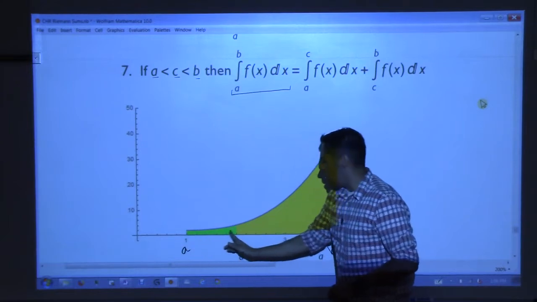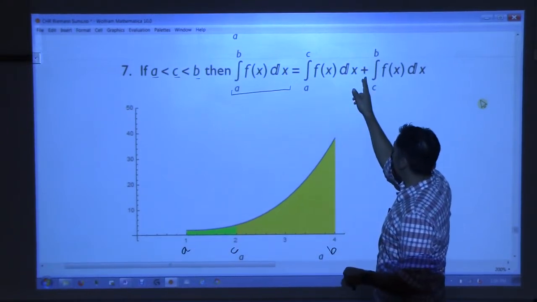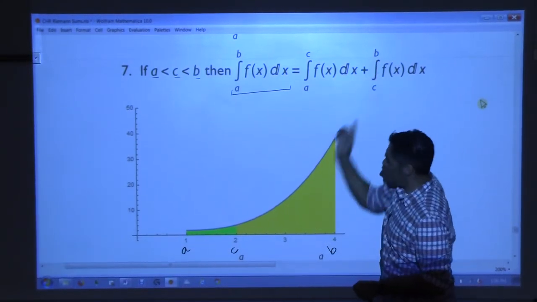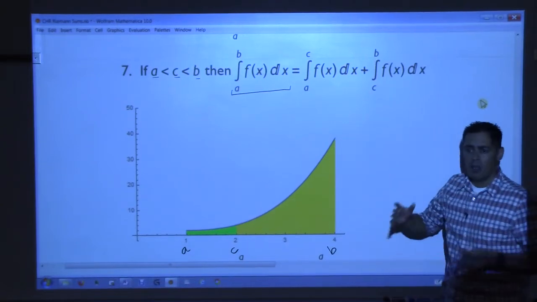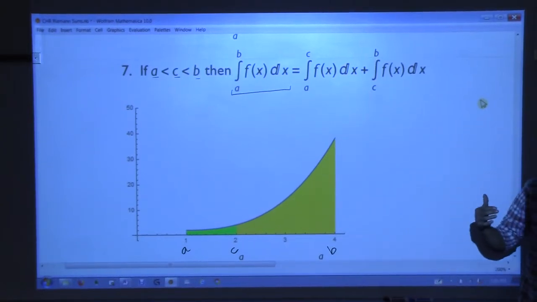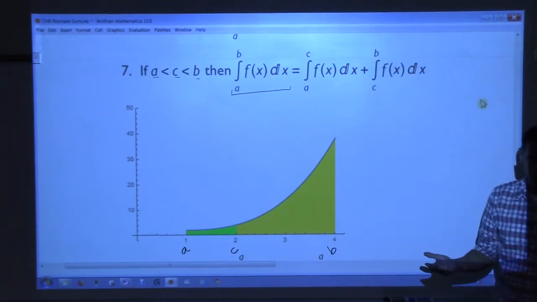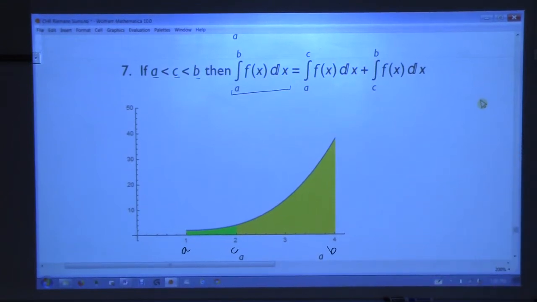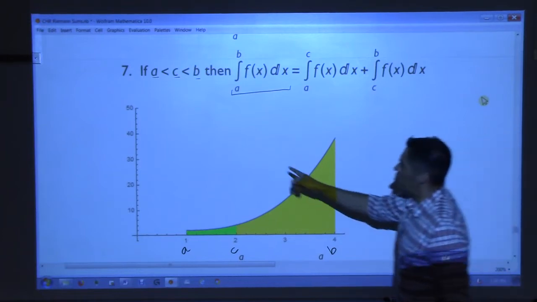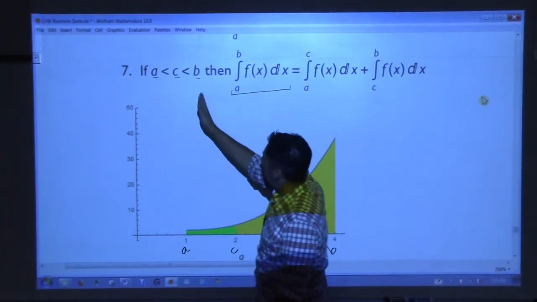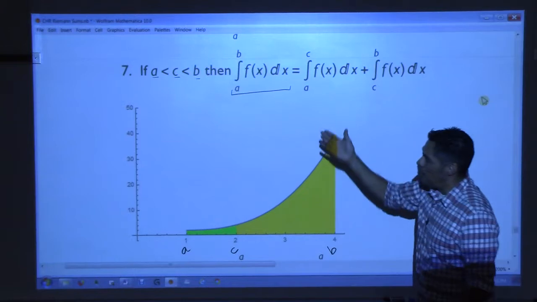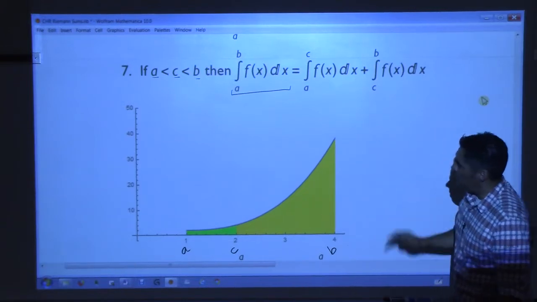So we can just find that area and then add to it from C to B, so that would be from here to here. So we are allowed, according to this property, to take an interval and split it up into small intervals if we so desire. All right? All we need is that these numbers, A, C, and B, satisfy that string of inequalities right there.